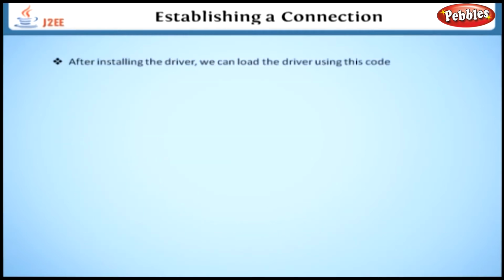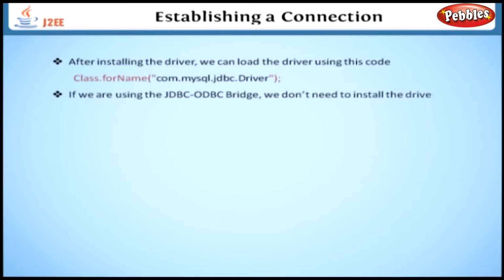After installing the driver, we can load the driver using this code. If we are using the JDBC-ODBC bridge, we don't need to install the driver because it's already included in our Java Development Kit, or JDK. For an ODBC database, the code used to load the driver is like this.